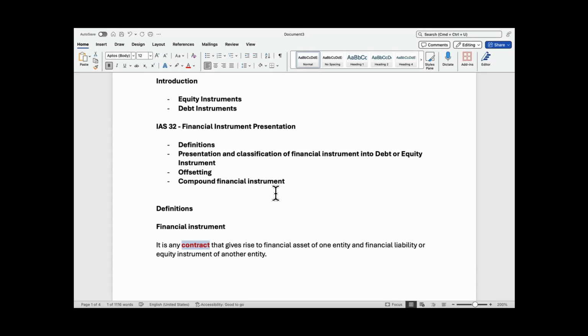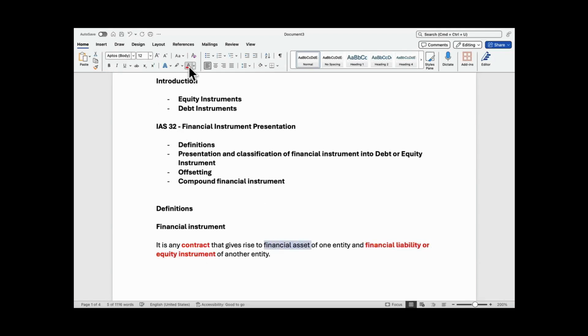You see, this contract in question, when we look at it, what we want to find there is that one entity must have financial assets, one entity having a financial asset and another entity having either a financial liability or equity instruments.